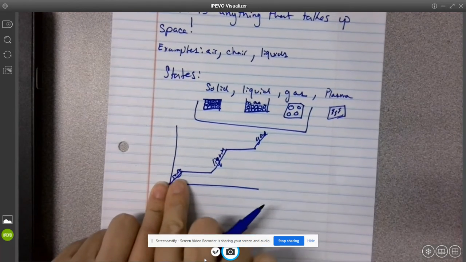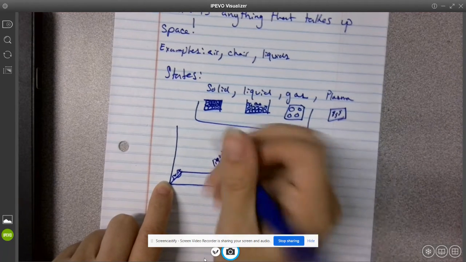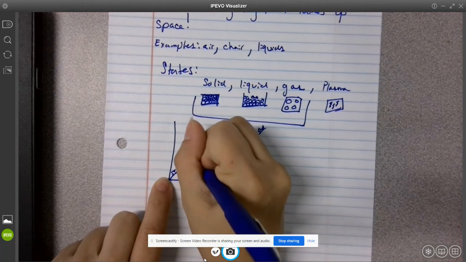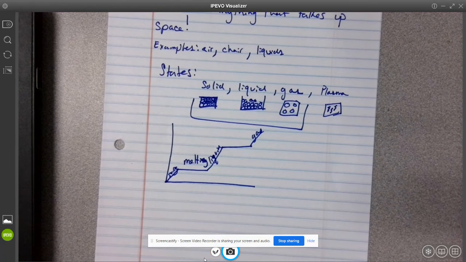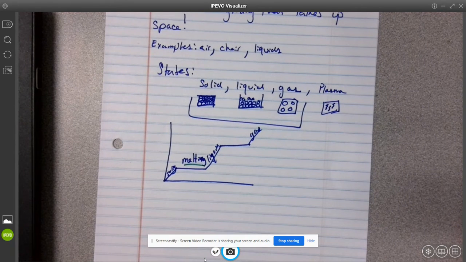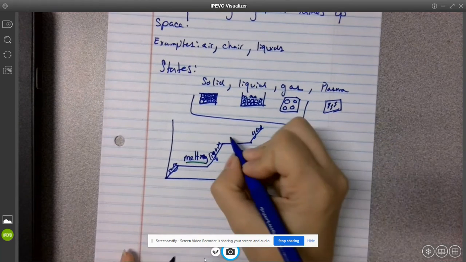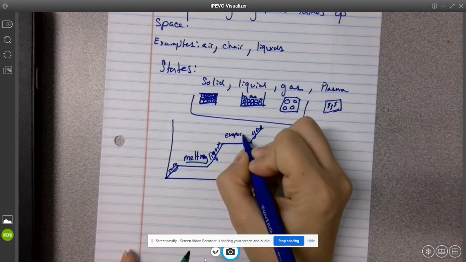If you are transitioning from a solid to a liquid, that process is going to be referred to as melting. And I'm going to underline this with green. If you are going from a liquid to a gas, you're going to be evaporating.